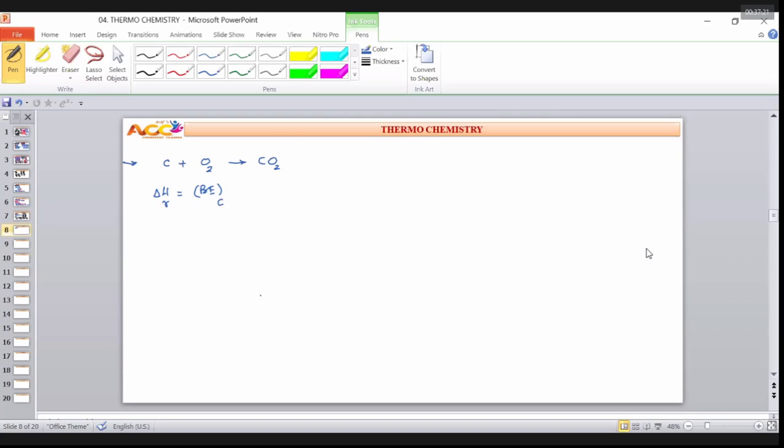How are you going to write bond energy for carbon? Yes, we are not able to write bond energy because it is neither a C-C bond, nor a C double bond, nor a C triple bond. It is C, only C. Okay, let us write first and try to explore the beauty inherent here. Bond energy of O double bond O minus bond energy of C double bond O.